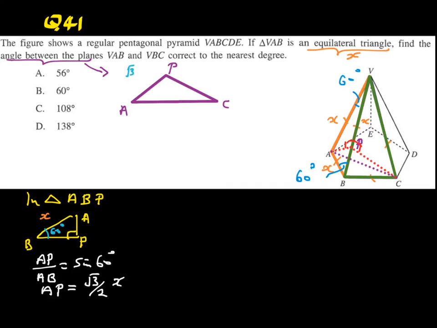Now here, AP is equal to root 3 over 2 x. And this is the same as the other side PC, because they're both identical equilateral triangles. So AP is equal to PC.